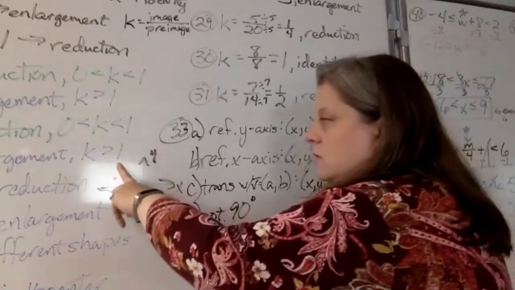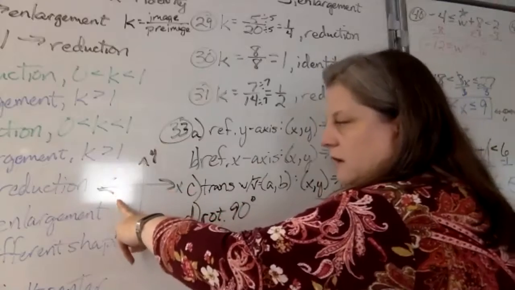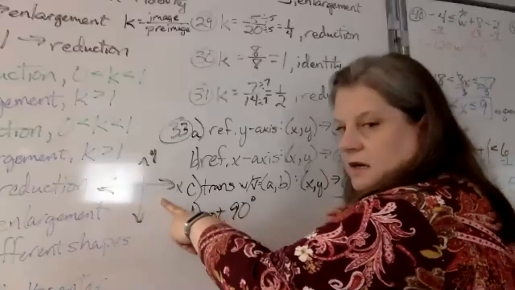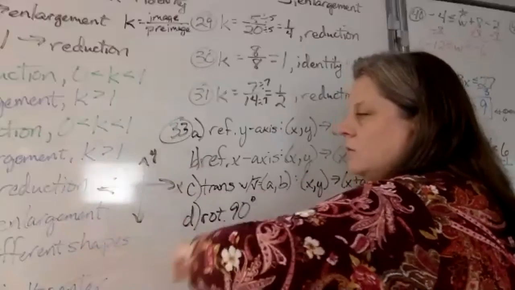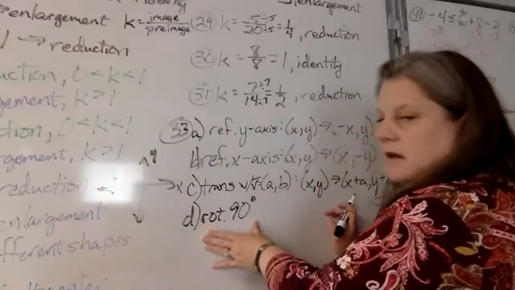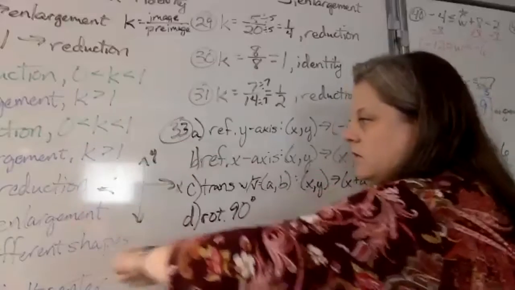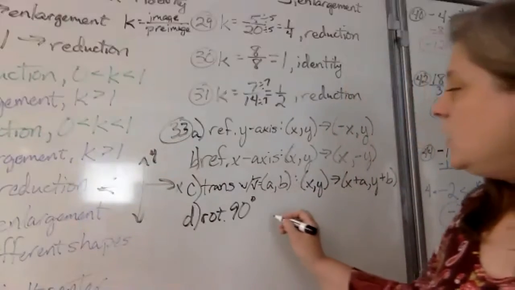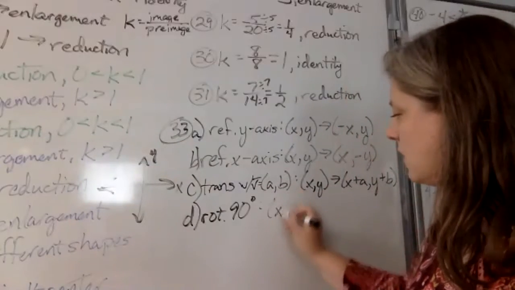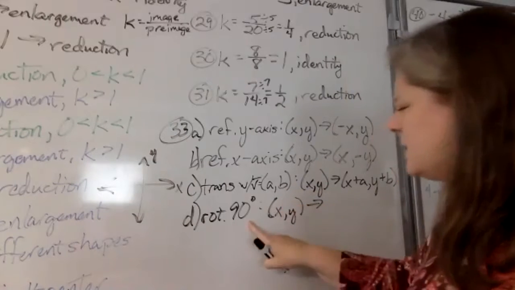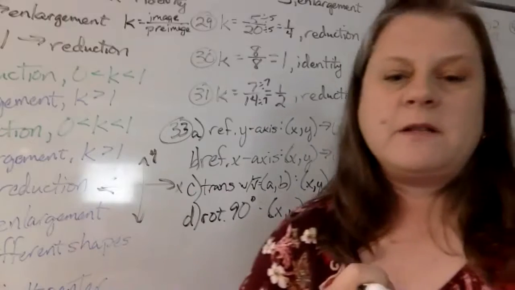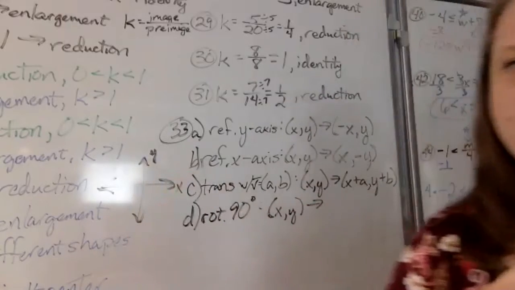Quadrant 2, negative and positive. Quadrant 3, everything negative. Here, positive and negative. But we start at the top one and go counterclockwise. So if we got a positive number, we're going counterclockwise 90 degrees. You had these rules on your notes as well for your rotations. And this was like number 5, I think, on the quiz, a rotation of 90 degrees.